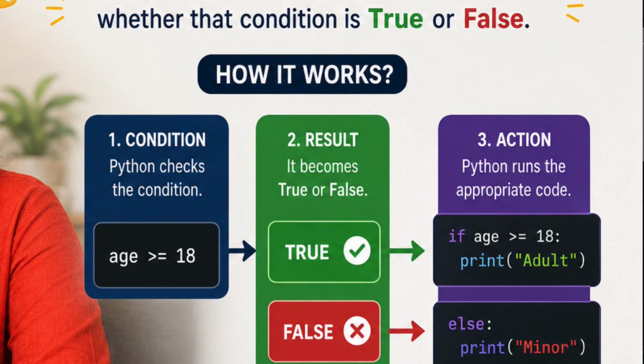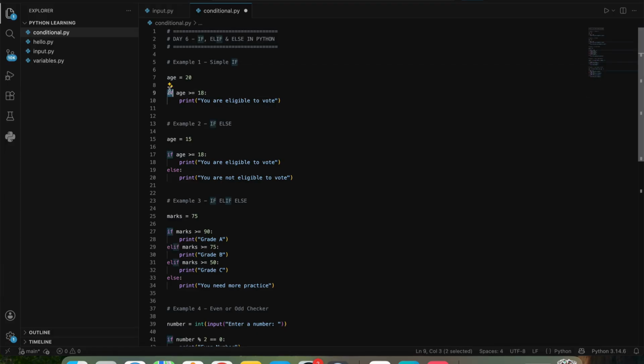Let's start with the if statement. An if statement tells Python, if this condition is true, execute this code. For example, imagine we have a variable called age and its value is 20. We can write: if age is greater than or equal to 18, print you are eligible to vote.